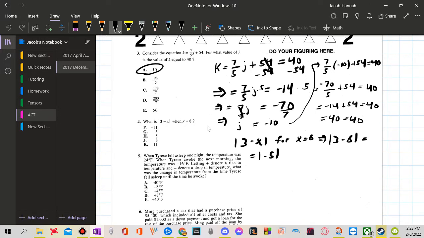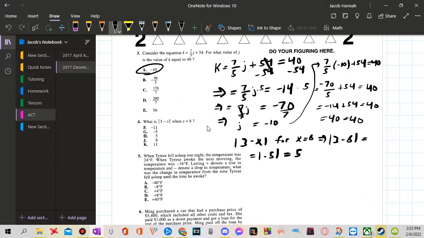3 minus 8 is negative 5. And the absolute value means how far from 0 that is. So since this is a negative number inside the absolute value, the negative just goes away and it becomes 5. The absolute value means how far from 0 this number is.